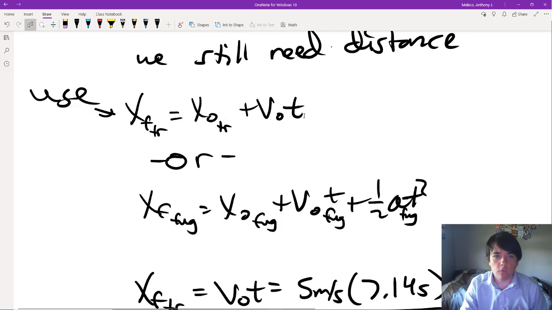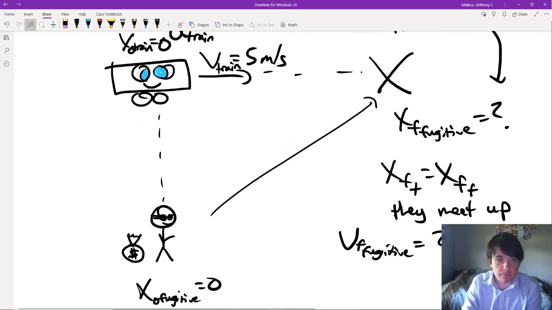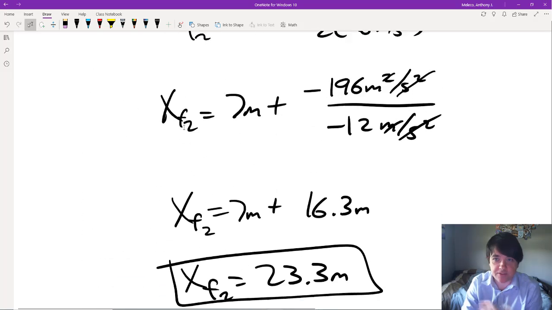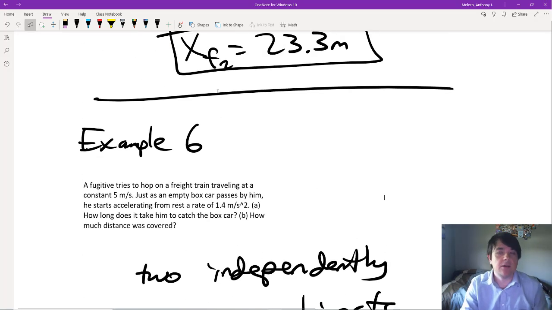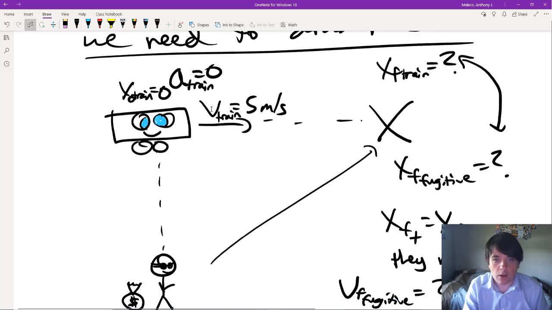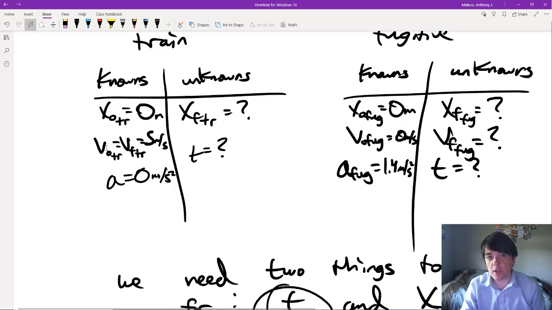I do want to mention, I know this problem is very complex, especially relative to the other ones. I wanted to do something difficult for you so you can see just how complex this can get. But I will say, if you ever encounter a problem that has two things happening at once, like, where did they meet up or something, that's essentially how this one works, where you have two independently moving objects, the train and the fugitive.